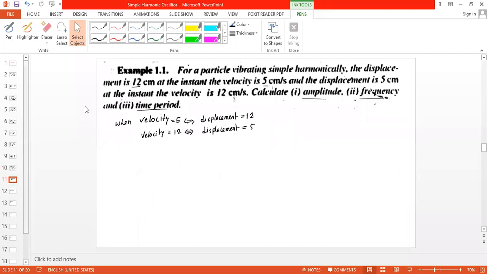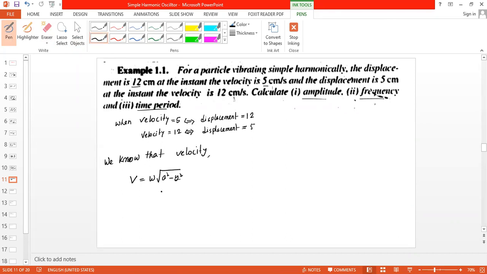So we know that velocity, let's say velocity v, is equal to omega square root of a square minus y square.